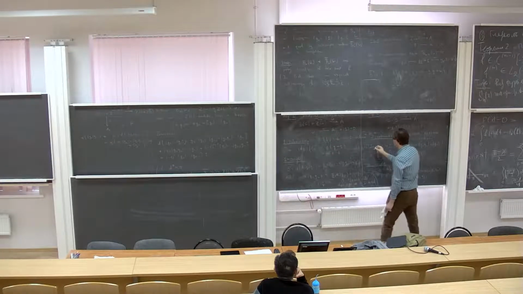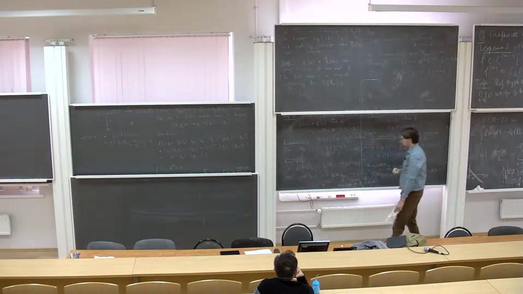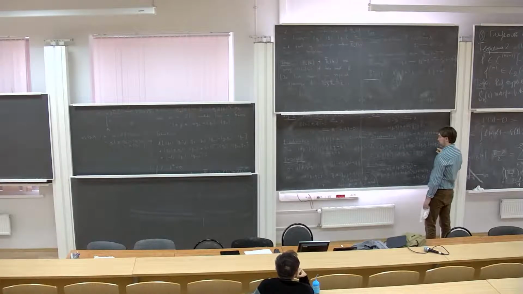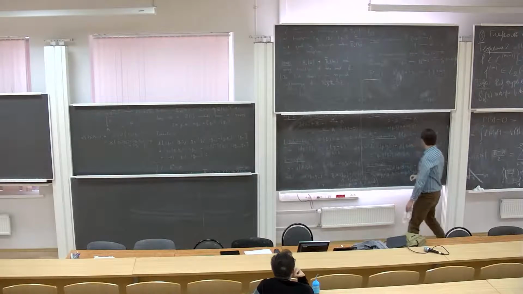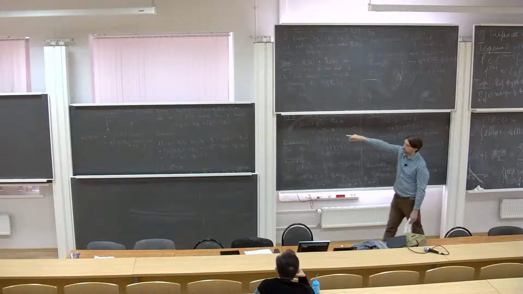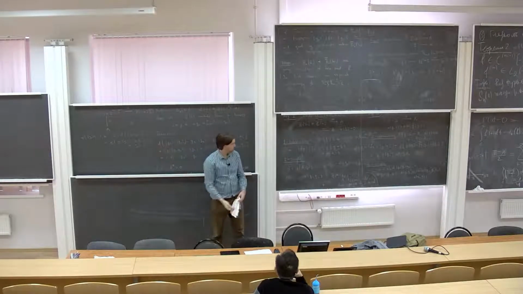So this one is in the cochains, and this one is D of B lower. Like when I take Hom out of a complex, I get a new complex with its own differential.